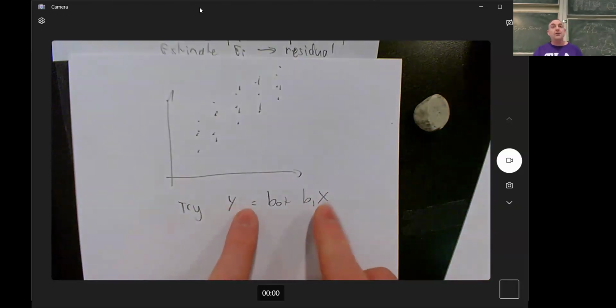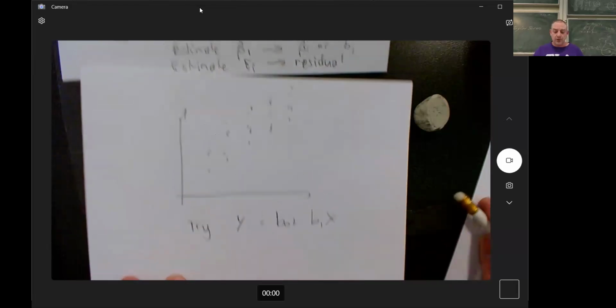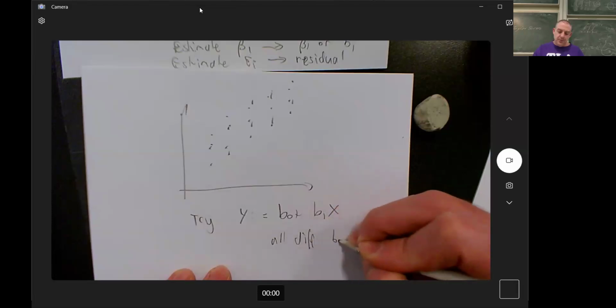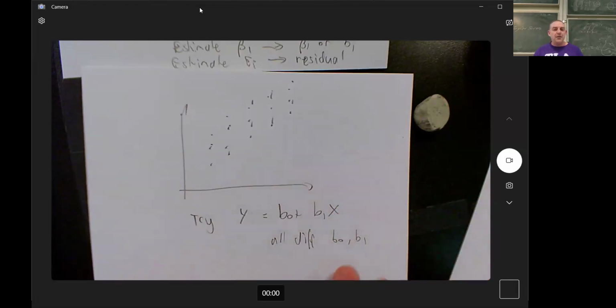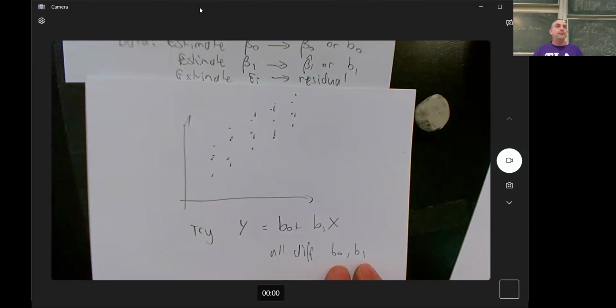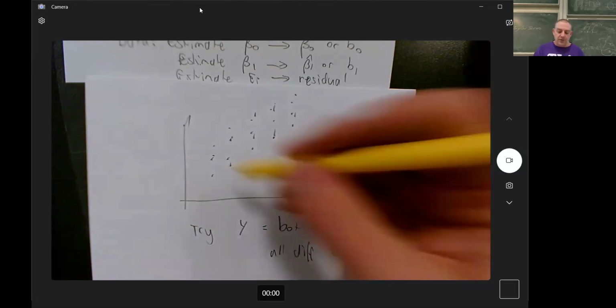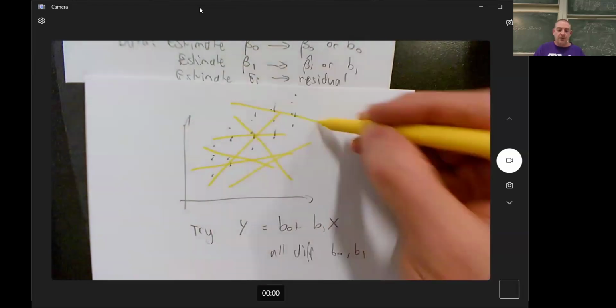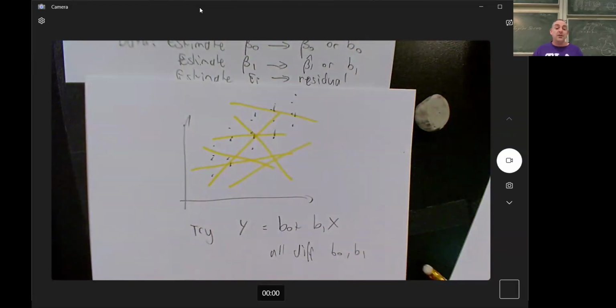The reason there's no i's on this one is that this is supposed to be a formula that works no matter whether there's i's or not. So you try that for all different b naughts and b1s. I think these little b's in the notes are not what these are, but what they could have been. So we try all these different possible lines in all different places, and we try to find which one is the closest to our data.